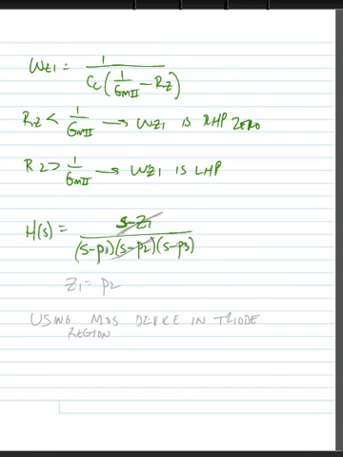If we set Z1 equal to P2, this would mean that we'd have a larger separation between our first pole and our effectively new second pole, P3.